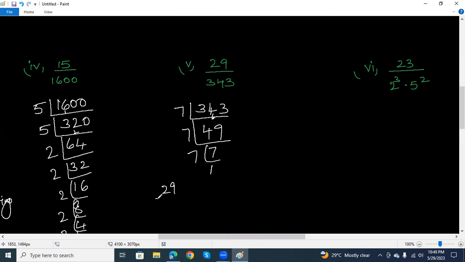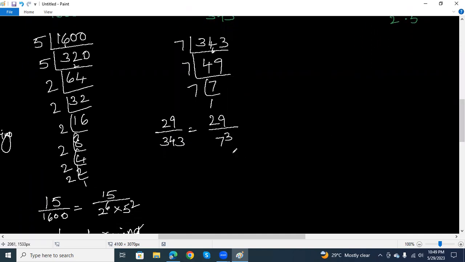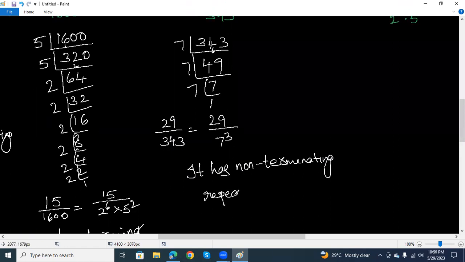So 29 by 343 is equal to 29 divided by 7 cube. Apart from that, this denominator contains 7 as a factor and it does not contain 2 or 5 as a factor. So it has a non-terminating repeating or recurring decimal, both are the same.